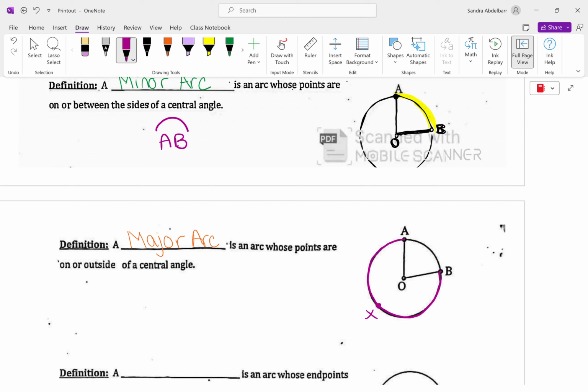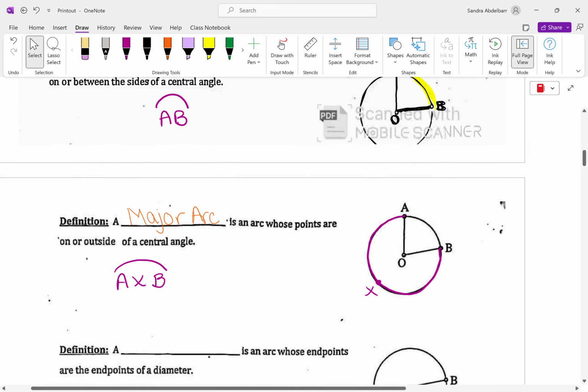The way we write that is you draw an arc symbol, and then you write the 3 letters. The 2 endpoints have to be the first and last letters. So I'm going to say A first, then X, then B. So this is telling you, take the path from A to X to B. You could have done B, X, A, saying take the path from B to X to A. It's the same as long as the endpoints are the first and last letter.